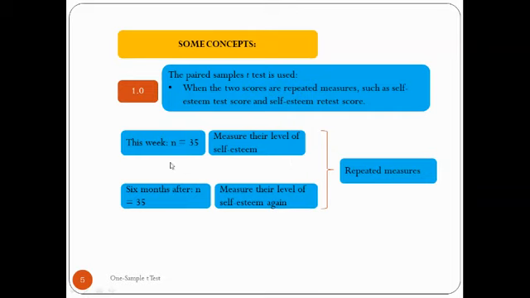You want to see whether their level of self-esteem has changed in some way. So when you use the same instrument in order to measure the level of self-esteem, this is called repeated measures. Repeated measures means you use the same instruments or the same assessments or the same test twice.